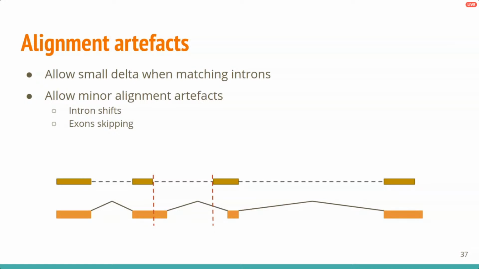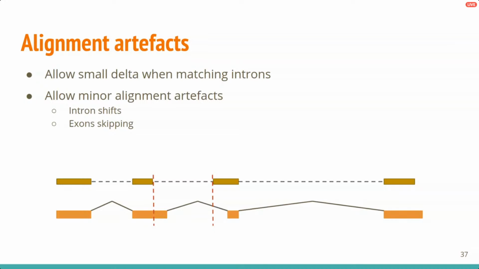For example, below you have the annotated isoforms and on top you have a read, and you see the intron is shifted to the left because part of the second exon is aligned to the beginning of the third exon, as I showed previously. So once you have your profiles, it's very easy to detect those kinds of artifacts, even when the difference between splice sites is higher than delta.